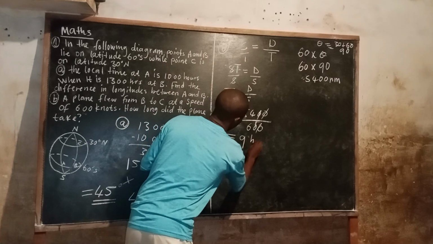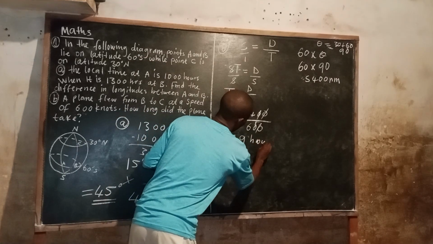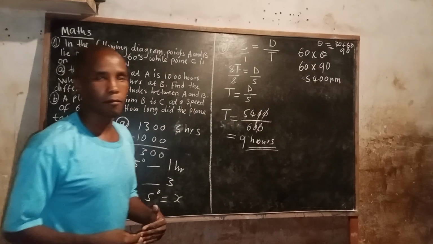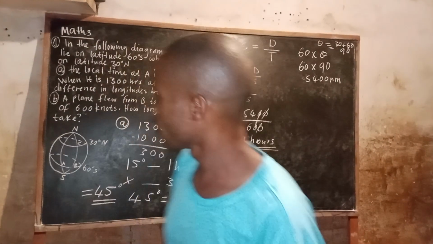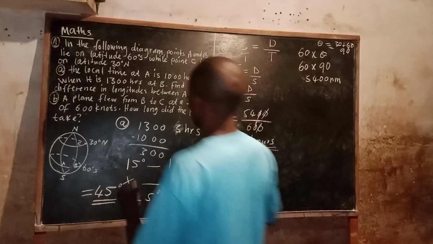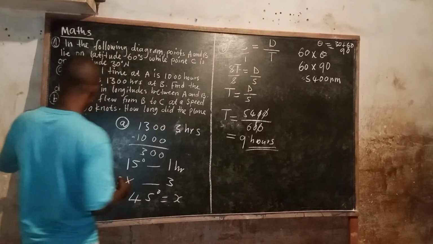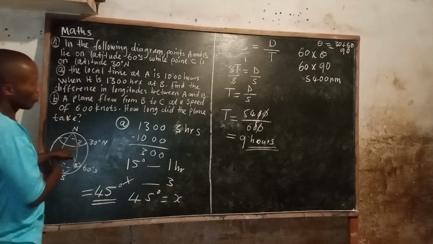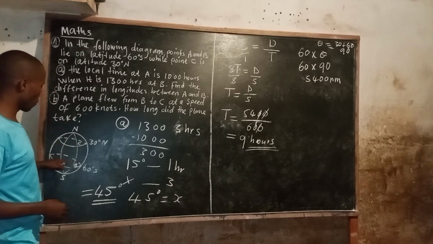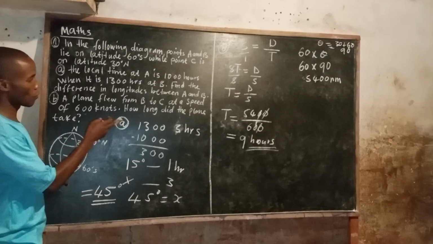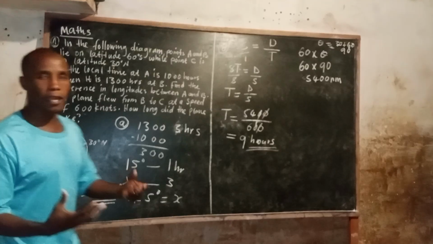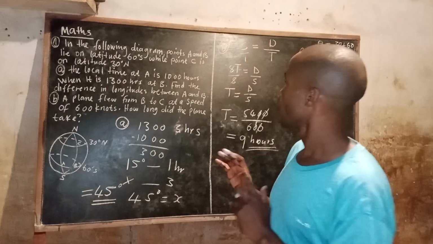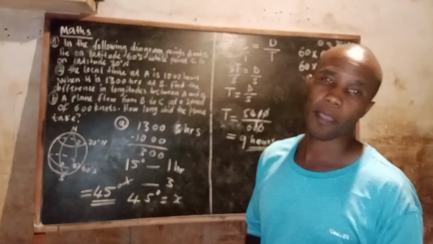Okay, which is 9 what? Hours. 9 hours. That is the time taken by the plane. Okay, so for the plane to move from point C to B at this speed, it took 9 hours. That is how we answer questions on earth geometry in paper 1.